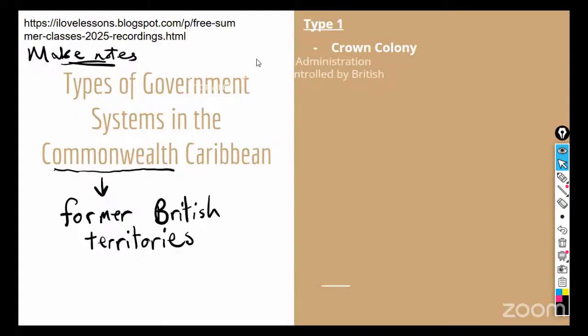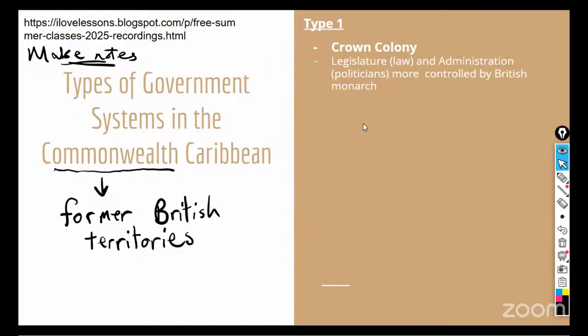All right, so type 1 that we're looking at is a crown colony government. Some territories in the Caribbean are called crown colonies.